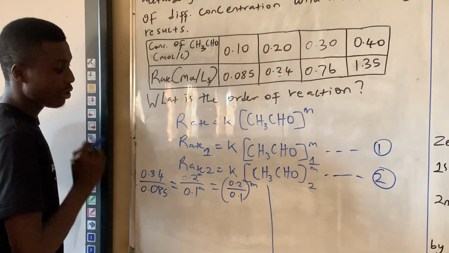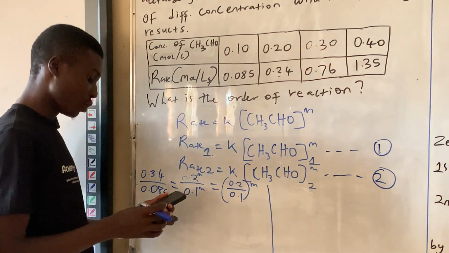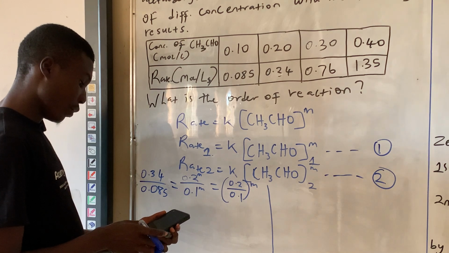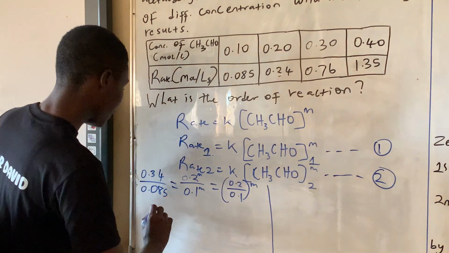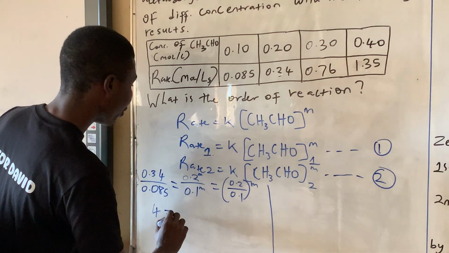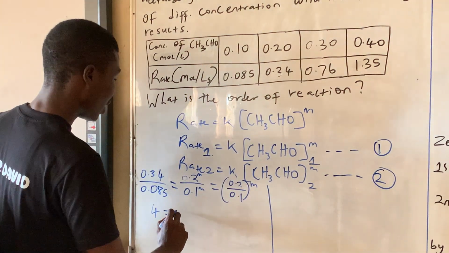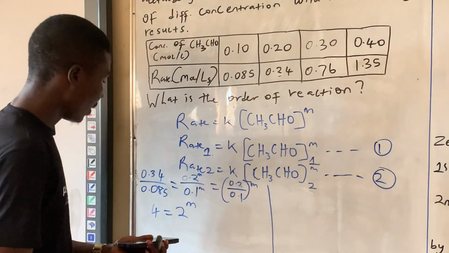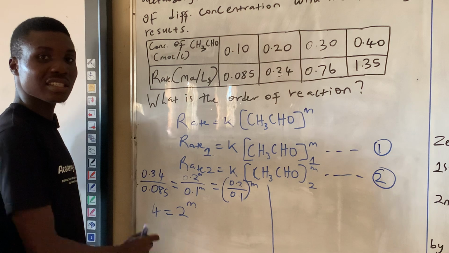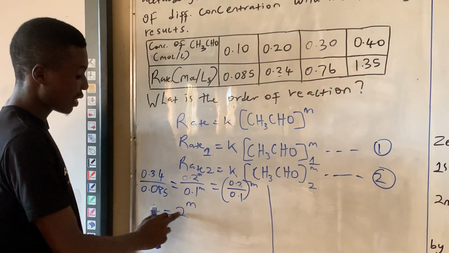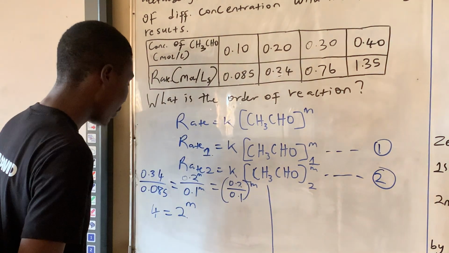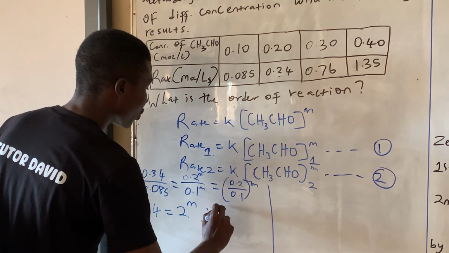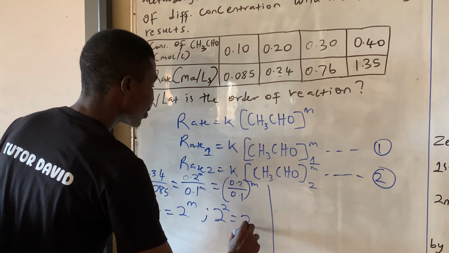The next thing is to get values for each side. Using a functional calculator, 0.34 divided by 0.085 is going to give us 4, and 0.2 divided by 0.1 is going to give us 2 raised to the power of m. Now we convert this to indices in such a way that the base number is 2, so we can find our m. 4 is the same thing as 2 raised to the power of 2, which is equal to 2 raised to the power of m.